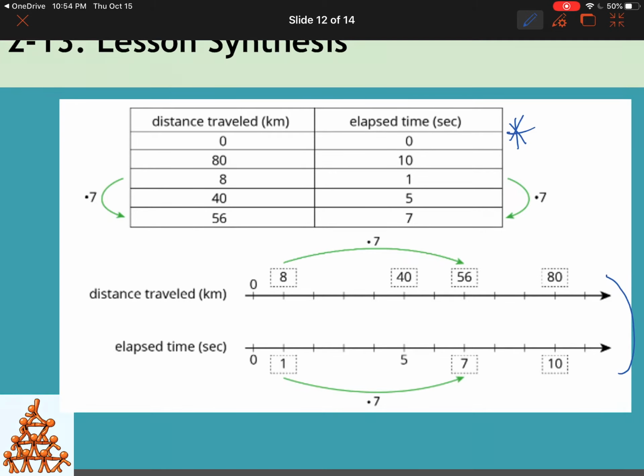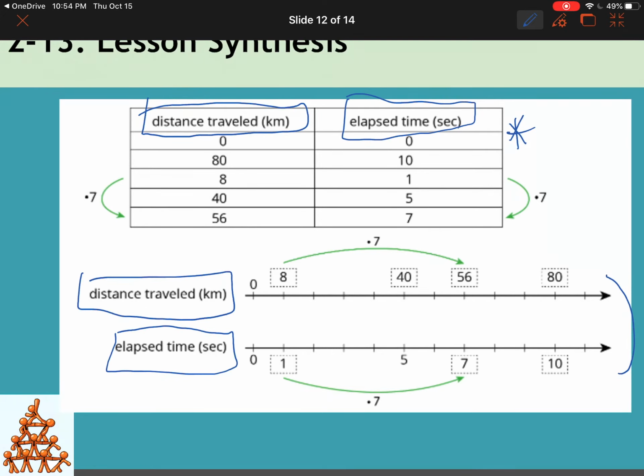So what I want us to remember, always include our labels on our tables and our number lines. It's easy to get confused. And remember, we're always doing distance and time. Distance over time. I hope you go to sleep tonight thinking distance over time.